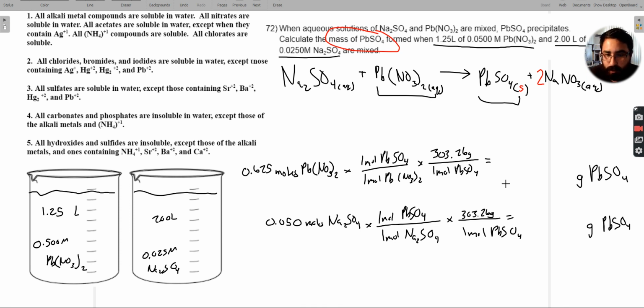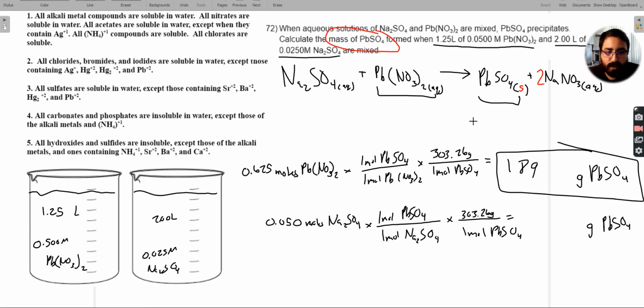So 303.26. This makes 189 grams of PbSO4. We got 3 sig figs, so that's got 3 sig figs. Oh, that should have had an extra 0. Whoops. And then this one over here makes 100.